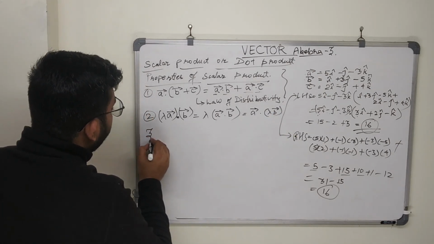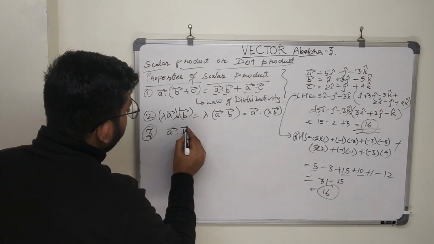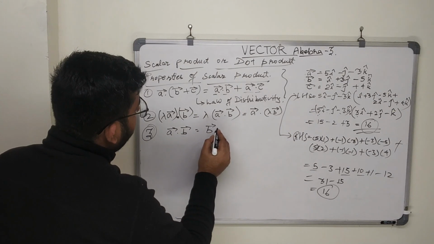Now the third property is A vector dot B vector is equal to B vector dot A vector.